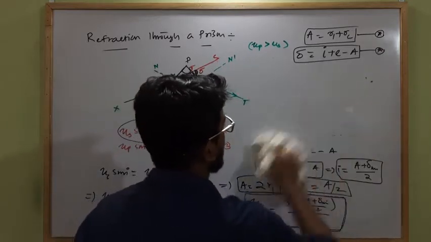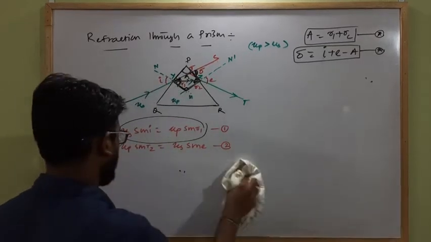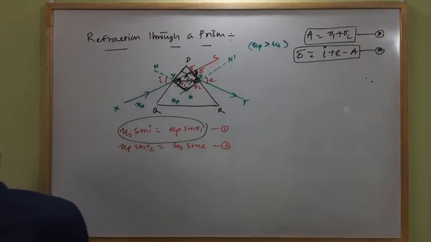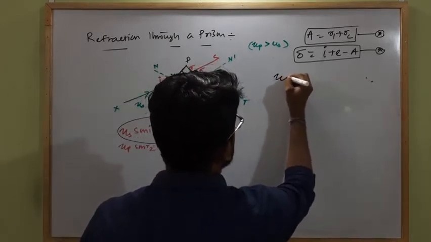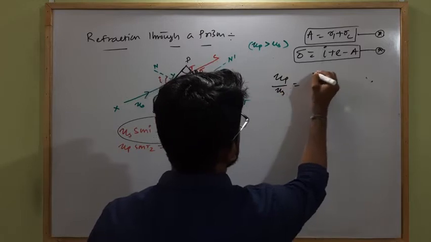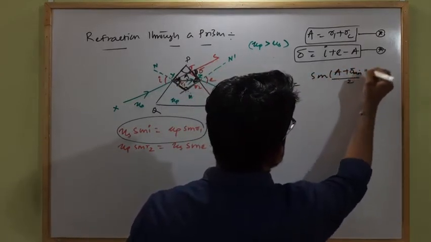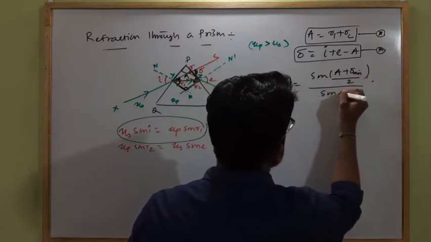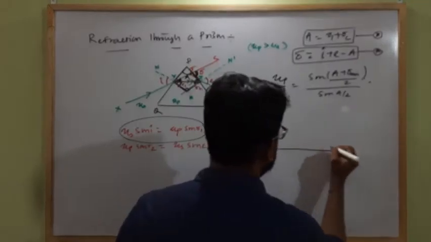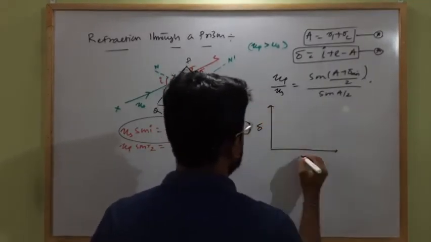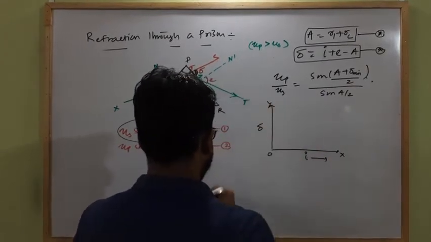So the graph for angle of deviation and angle of incidence: here we already get the relation that the refractive index of the prism with respect to the surrounding equals sine of (A plus delta minimum) by 2 divided by sine A by 2, and the graph of the deviation with respect to angle of incidence. Here is the deviation, here is the angle of incidence, will be like this.